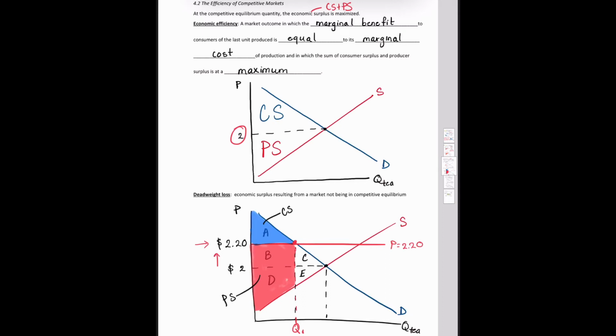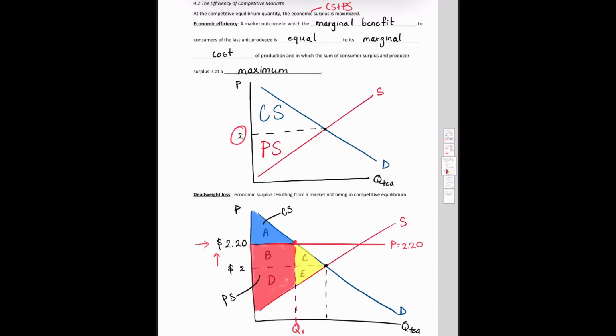So what is this strange area that we have going on, C and D here in yellow? This area is known as deadweight loss.